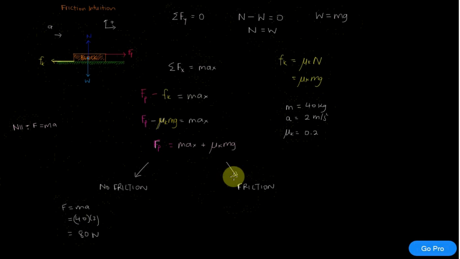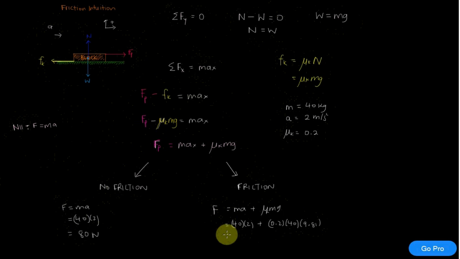In the second case, it's basically this formula that I have up here. The force that is required of me is equal to this mass times acceleration plus this coefficient of kinetic friction, mass times gravity. So if I plug in the numbers, it's 40 times 2 plus 0.2 times 40 times 9.81.